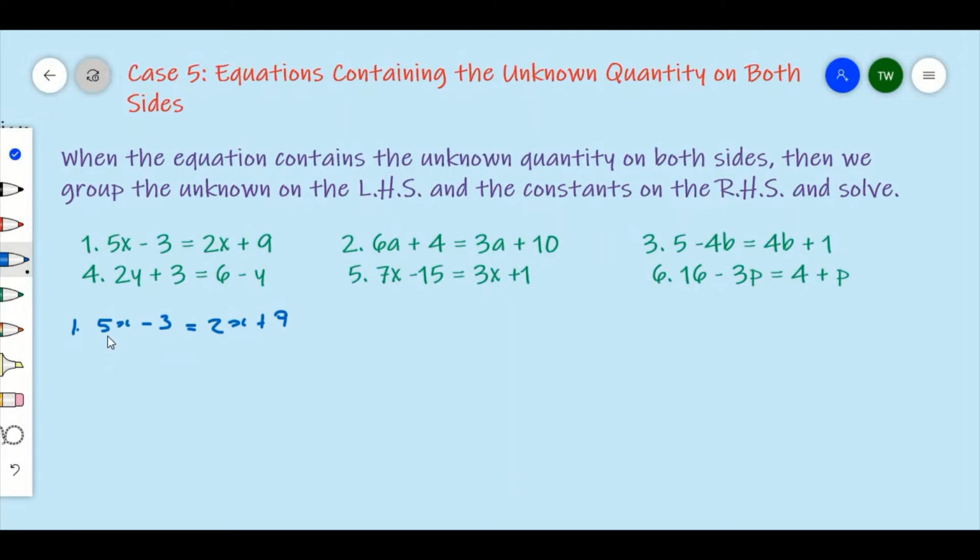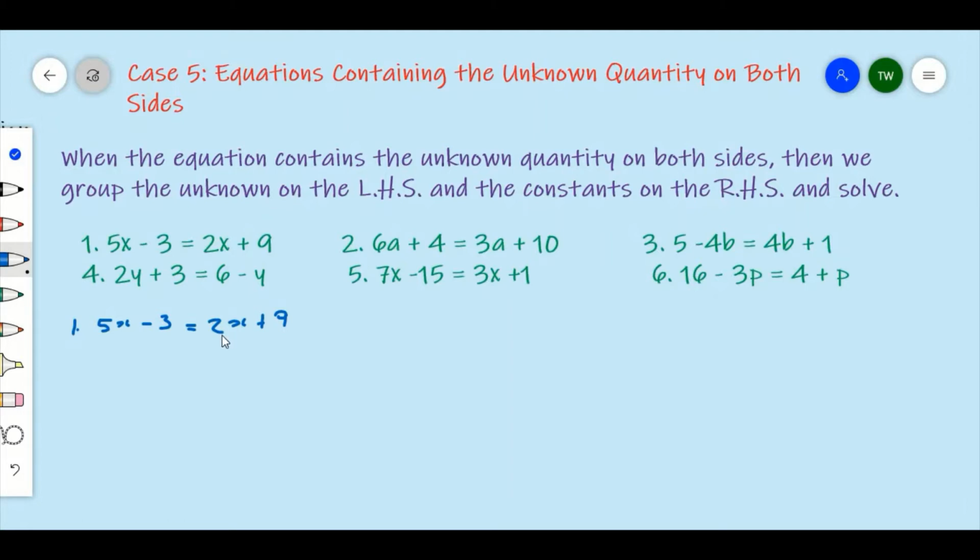So here we have 5x, and 5x is a like term to 2x. Likewise, 9 is a like term to minus 3. Now the numbers here like 9 and minus 3 are called the constants, right? And 5x and 2x are called the unknown variables, right?